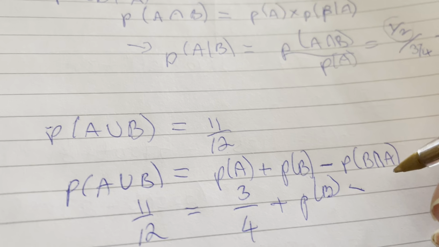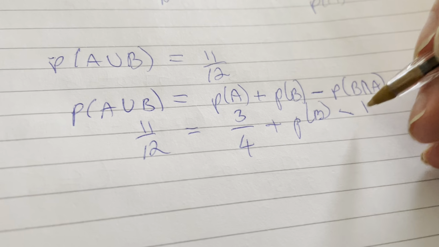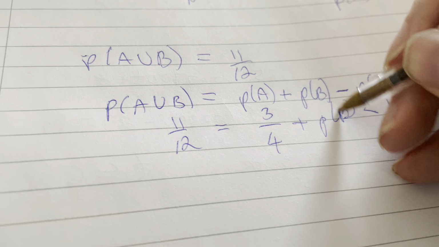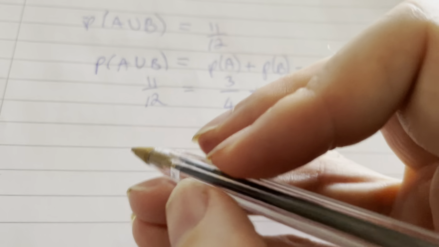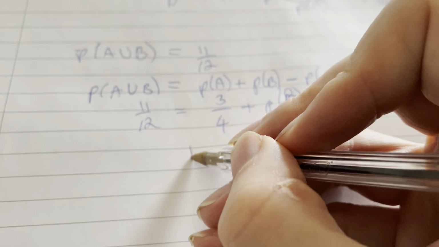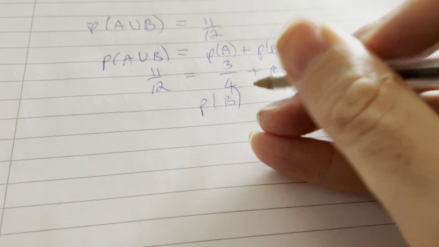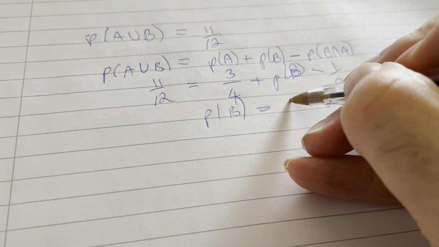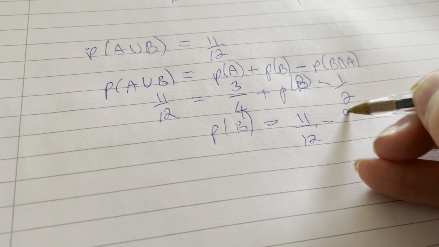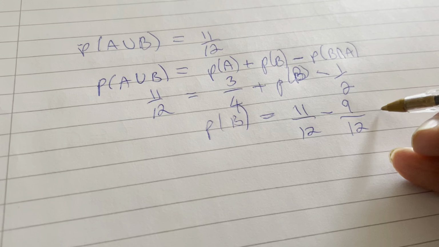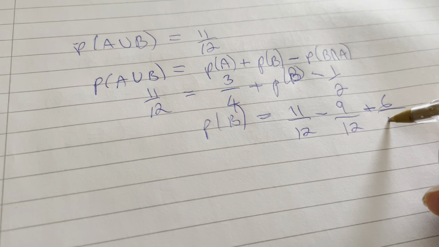And minus the probability of the intersection, which is 1/2. So that leads us to say that the probability of B is equal to 11 over 12 minus 9 over 12 plus 6 over 12.